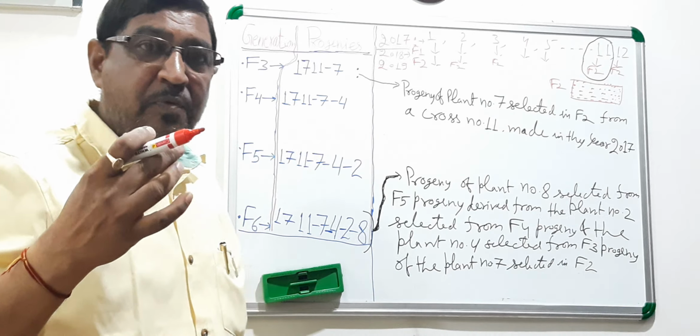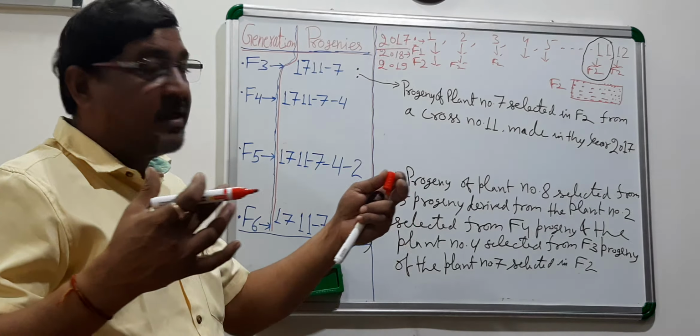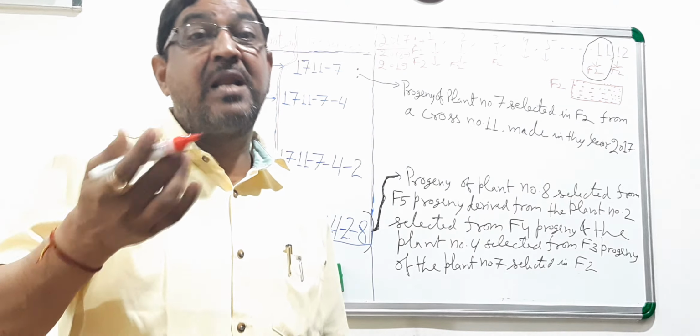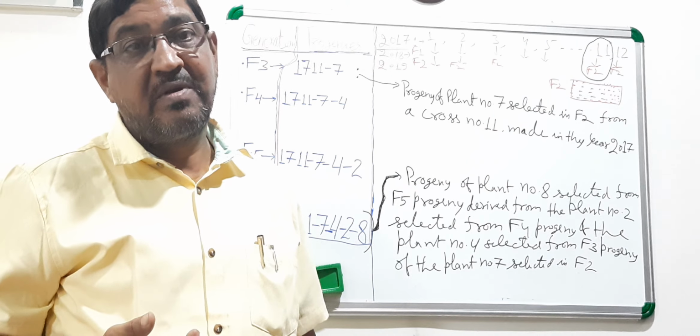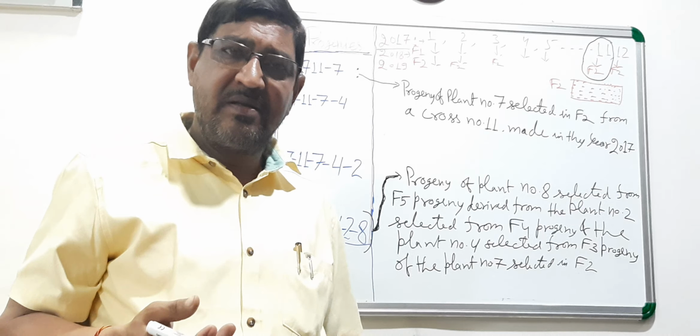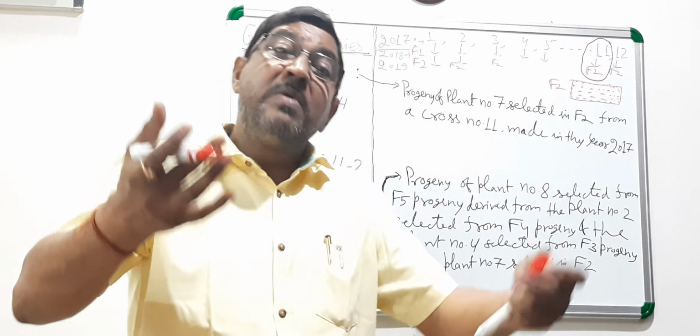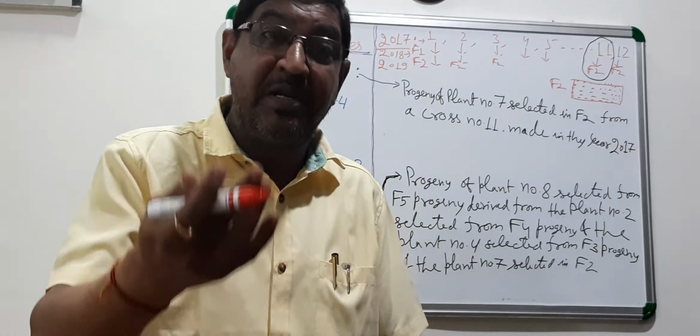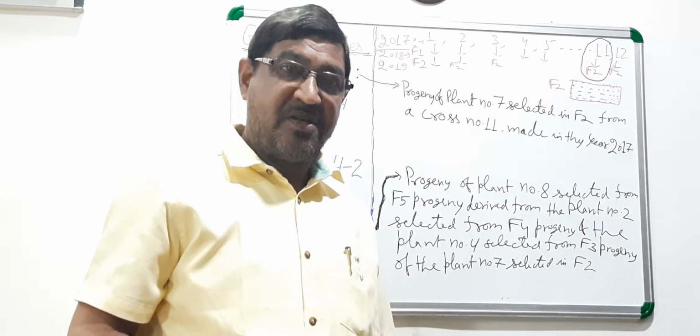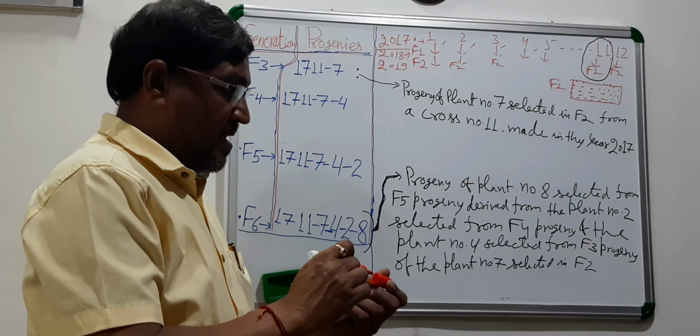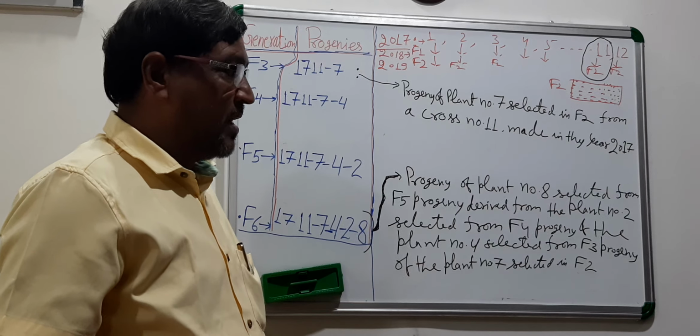Say for example, you have got several desirable transgressive segregants, maybe 100, 200, maybe as per your objective only 1 or 2 or 3. So you have to go for numbering them.